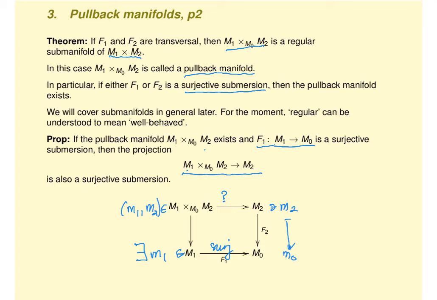So I could put a tangent T in front of everything in this diagram, and I would have a commuting diagram of maps of vector spaces, and I'd be assuming that this map down here was surjective, because that's what submersion means, that the tangent map is surjective, and the same argument would go through exactly as before. And this is quite a powerful technique for working diagrammatically with manifolds. Anyway, the main thing at the moment is this little result and the transversality condition that guarantees the existence of the manifold structure.